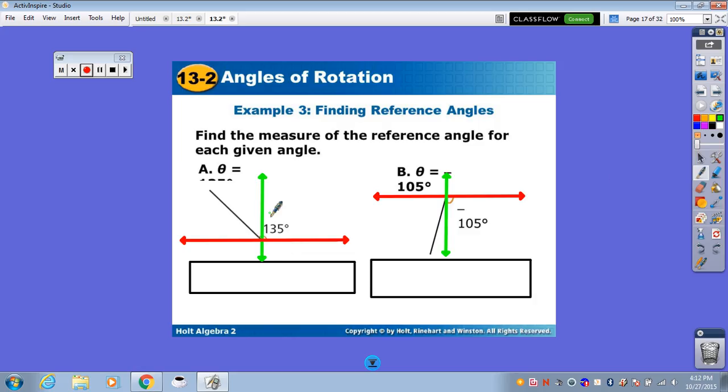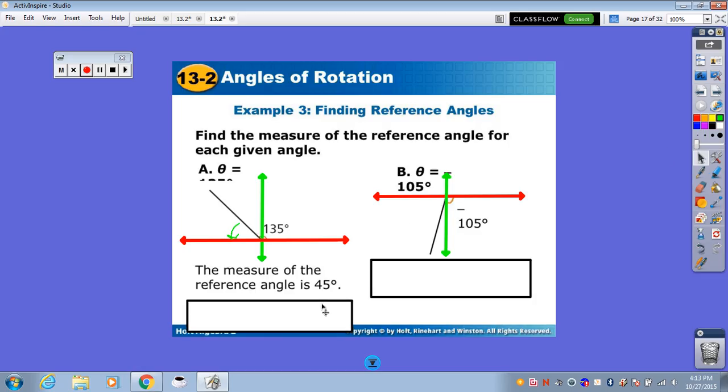To find the reference angle, we would be looking for the angle that falls from the terminal side to the closest x-axis. We know that half a rotation is 180, so 180 minus 135 would give us our reference angle for letter A. And that angle measure is 45 degrees.